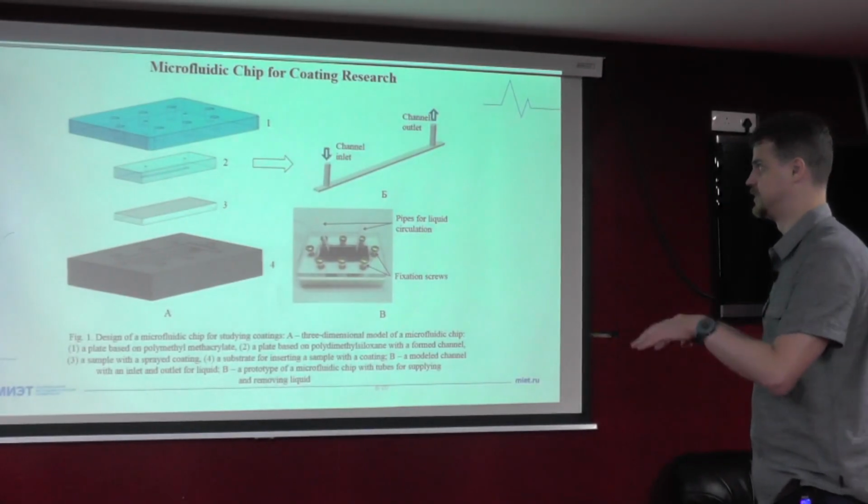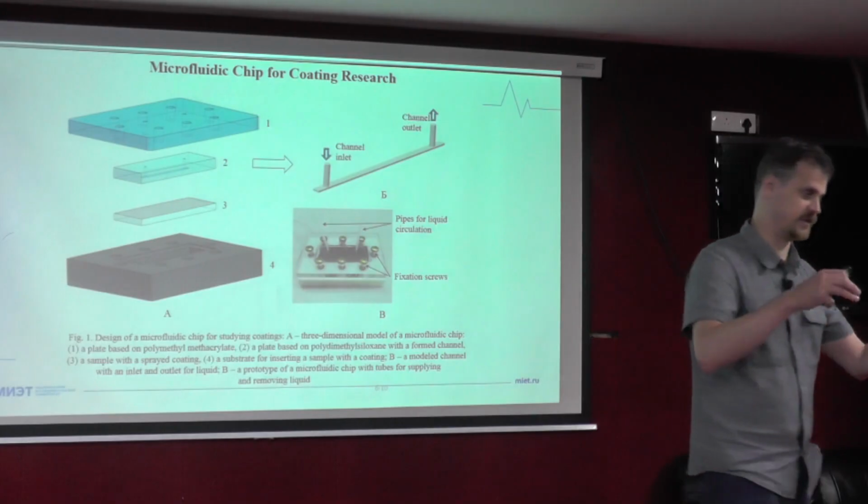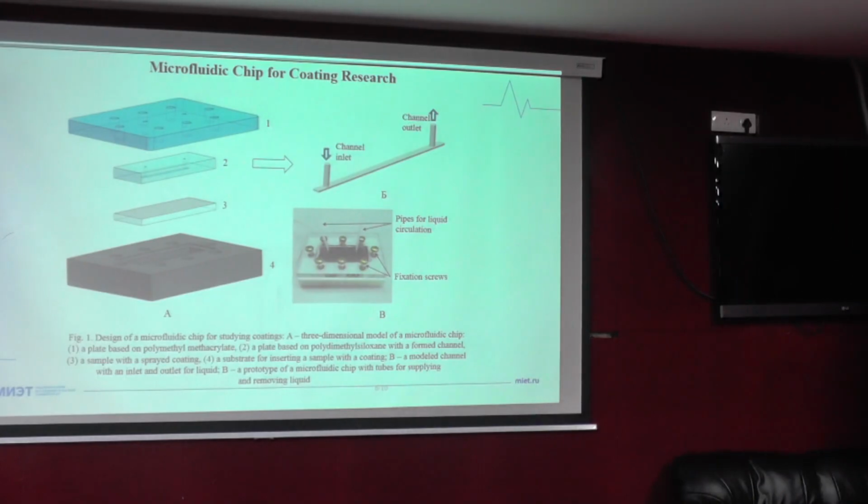And in order to create the hermetic properties to make sure that there is no leakage of the liquid or contamination with different gases that are dissolved in air, we need to make sure that there is a solid connection between the microfluid channel and the surface.